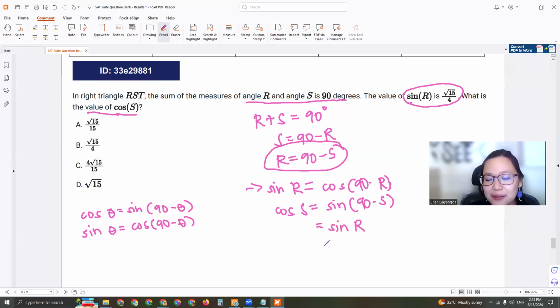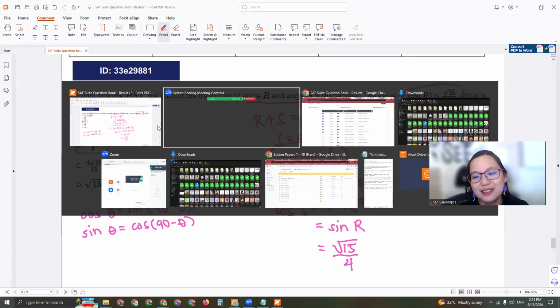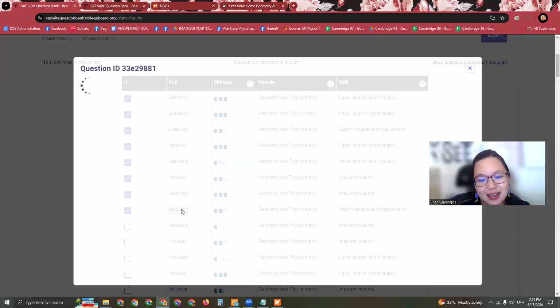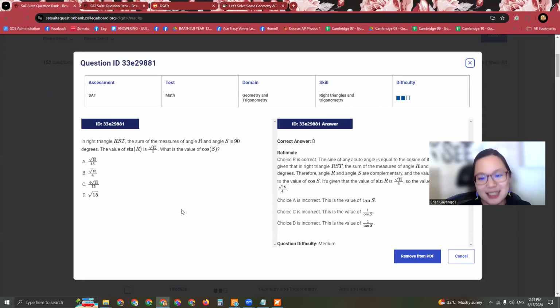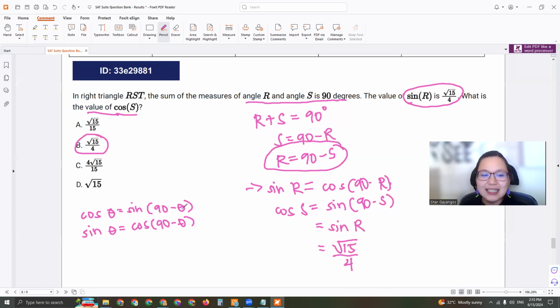So meaning cosine s is just equal to sine r. And that gives us square root of 15 over 4, meaning our answer should be square root of 15 over 4. Let me just check that out. There we go. It is correct. So it's B.